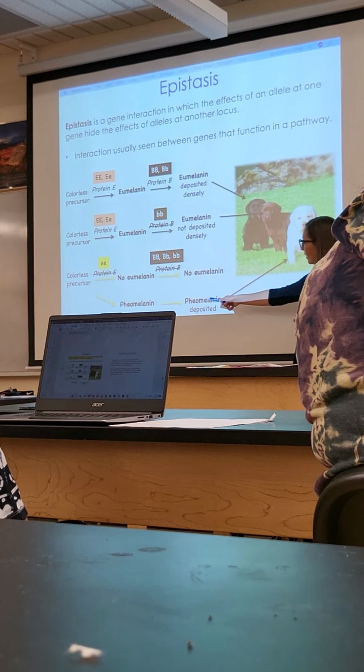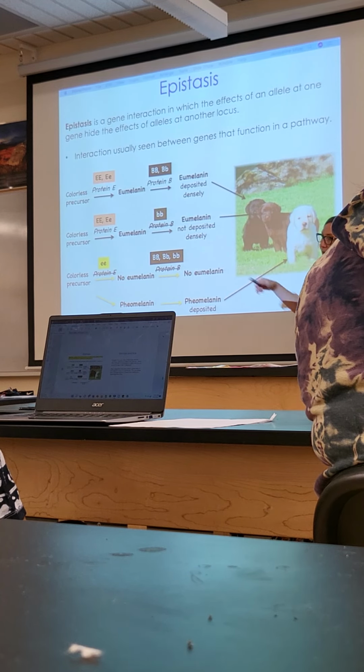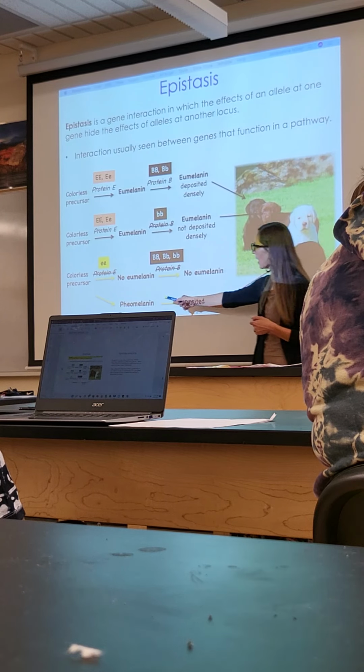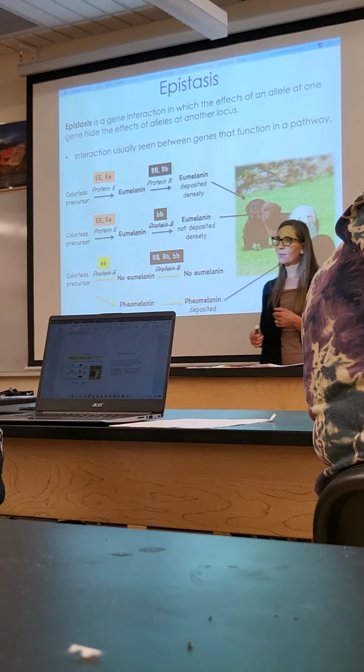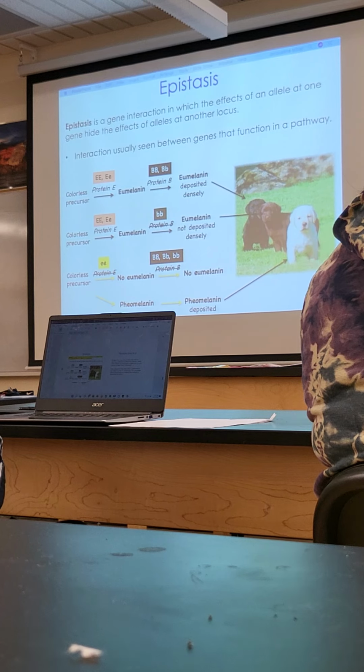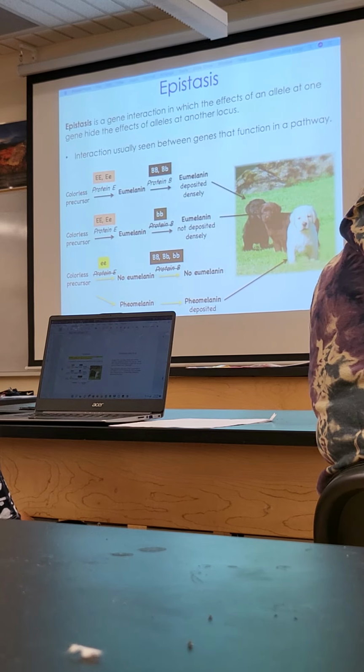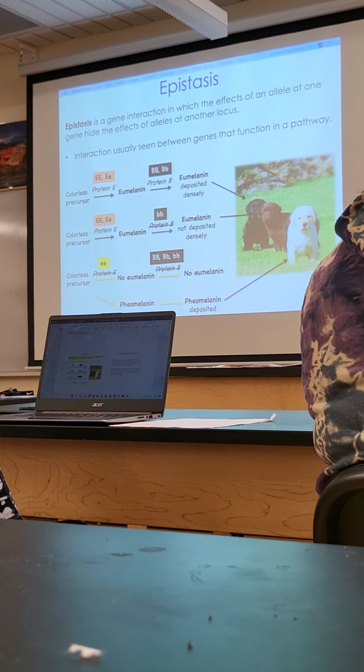But pheomelanin is deposited instead of eumelanin, and that is why you always will see yellow, because this happens upstream in the pathway. First you have to be able to make the eumelanin pigment, and then you can see how densely you deposit it. But if you don't make eumelanin, you're going to turn out yellow. Okay, does that make sense to everybody?